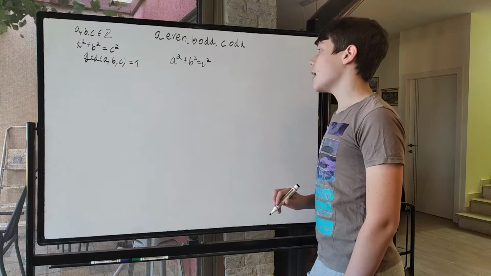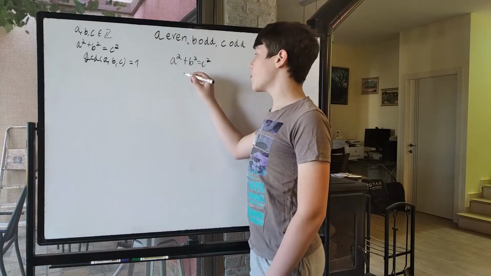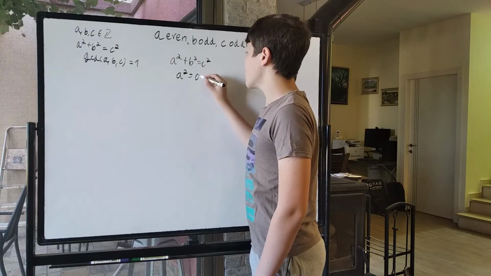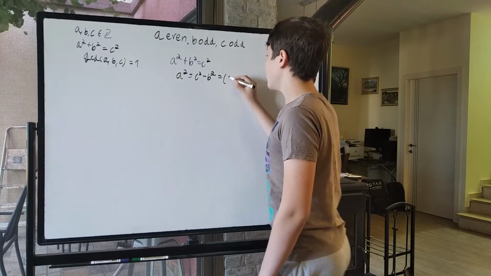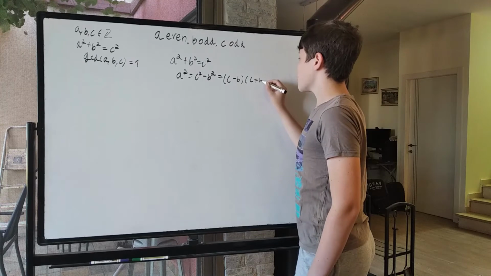And how do we make that happen? Very easily. We'll subtract B squared from both sides. So we'll get A squared is equal to C squared minus B squared, which is C minus B multiplied by C plus B.